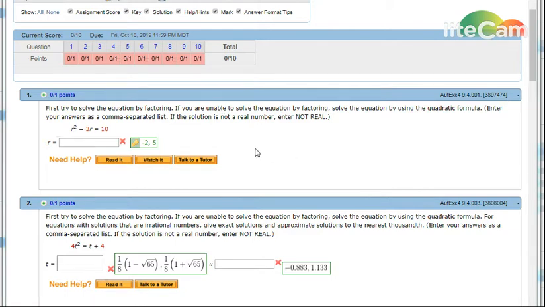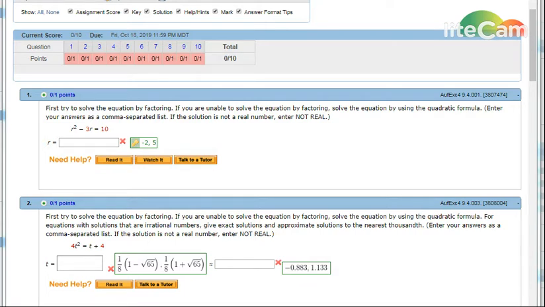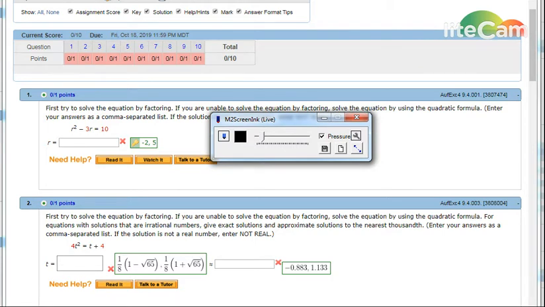Okay, so we have this equation: 4t squared equals t plus 4. So let's rearrange this equation and solve for the variable t. To do that, we need to move everything over to the left side and get 0 by itself. So subtract t and subtract 4 from both sides.